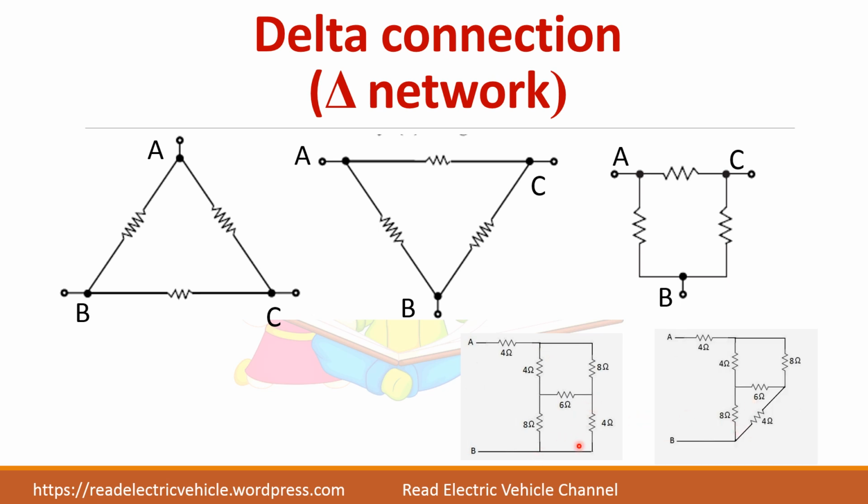You see this lower part. So it appears to be a series parallel circuit. Actually, it is a delta circuit here. Again, this 8 ohm can be connected here. So you can find it is a delta network. When you do some problems, you will understand this one.